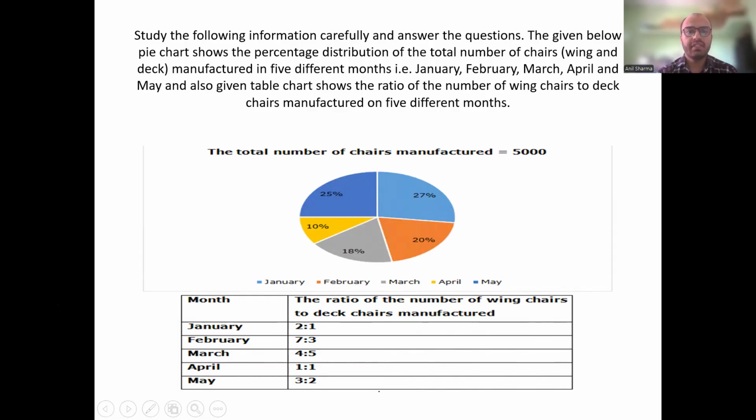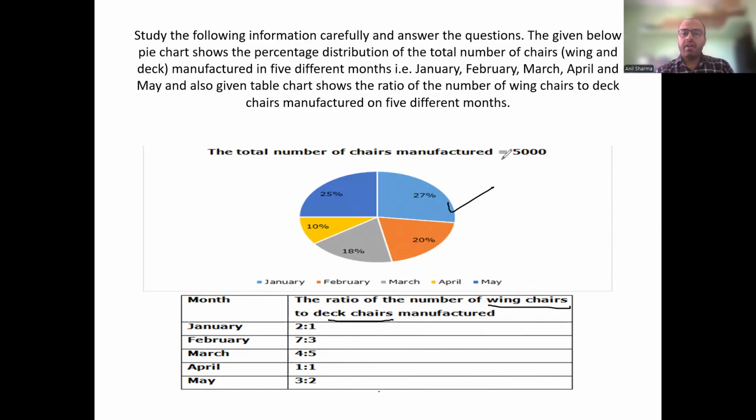You can see, study the following information carefully and answer the question. So this pie chart shows the total number of chairs manufactured. Total number means here they are giving the wing chairs as well as the deck chairs. So this particular pie chart shows the total number of chairs, both wing chairs as well as deck chairs.